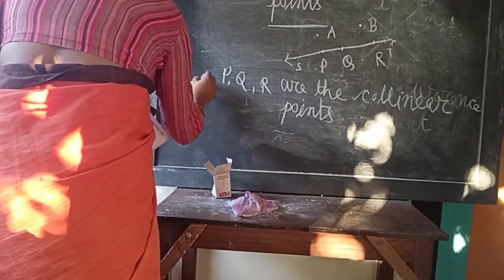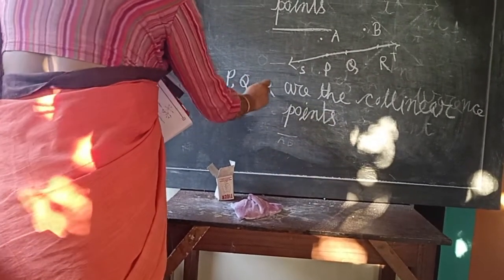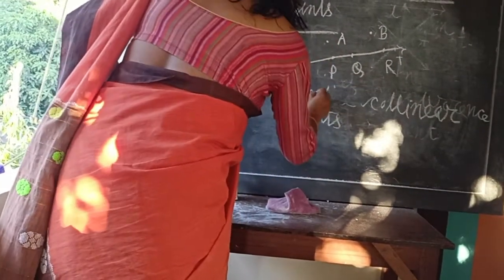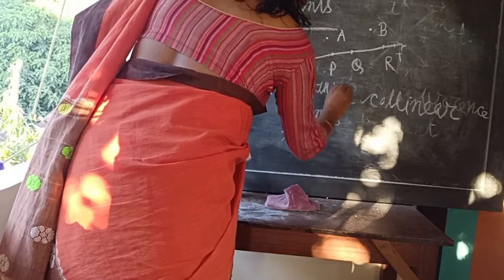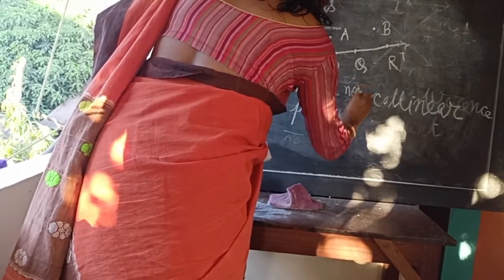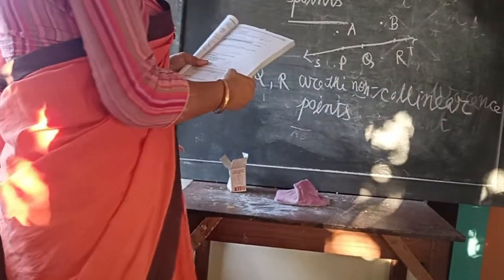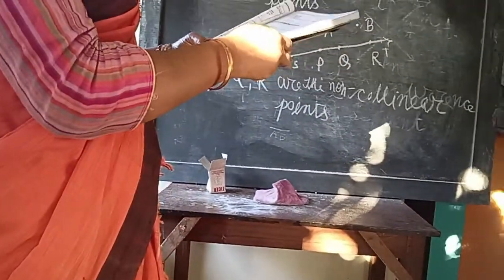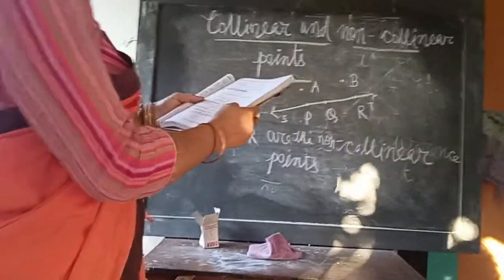A, B, P, Q, R are the non-collinear points. And these are the collinear and non-collinear points.